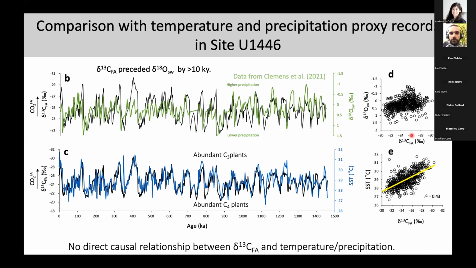But this doesn't show a good correlation with CO2 and C3, C4 vegetation, you see. And also the carbon isotope changes in C3, C4 vegetation preceded the seawater oxygen isotopes. So this also indicates that the precipitation was not a major factor controlling the C3, C4 vegetation at the study site.